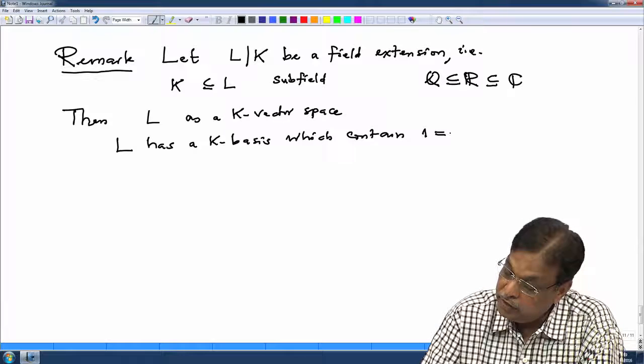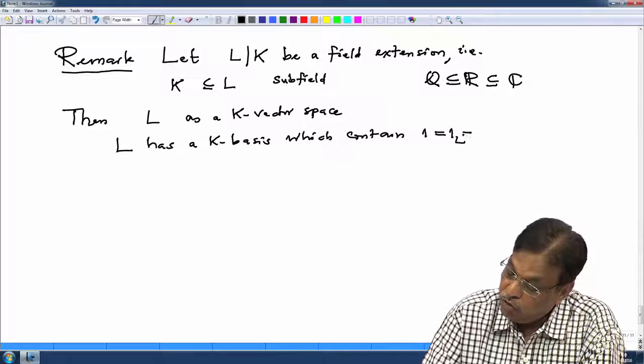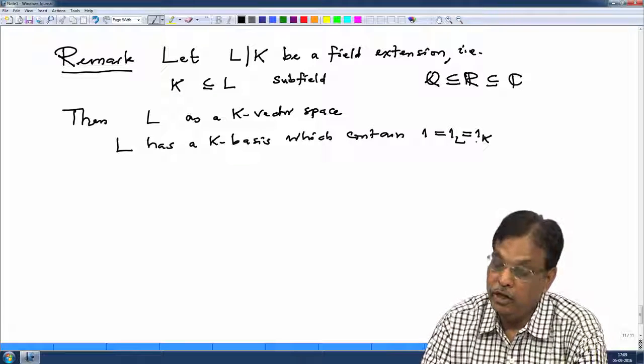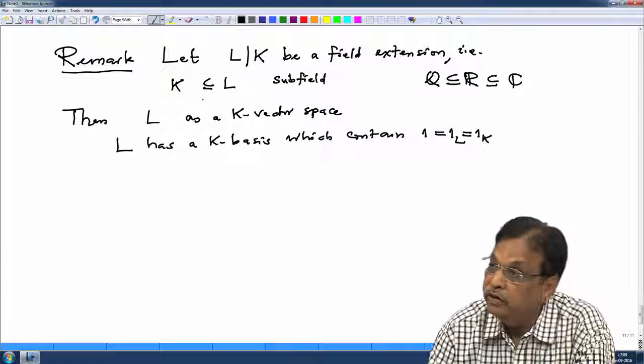Remember 1 of L is the same thing as 1 of K. Multiplicative identities are the same because it is a subfield.